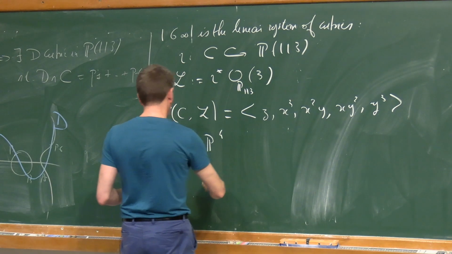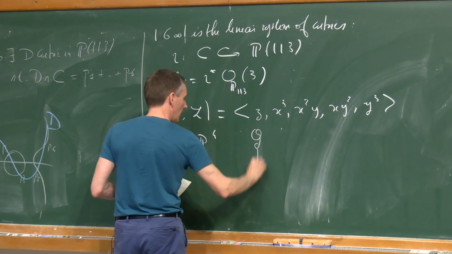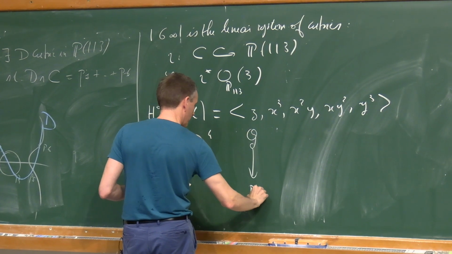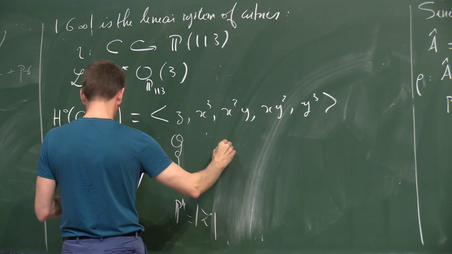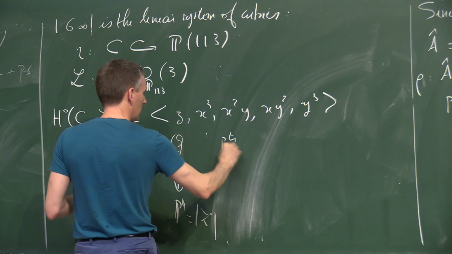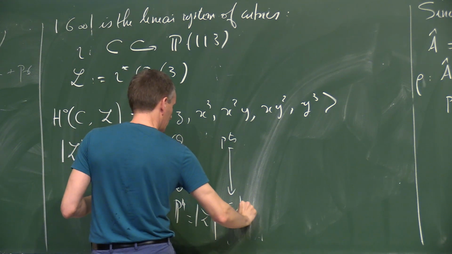So this map from the variety to P4 sends these points to the equation of the cubic.